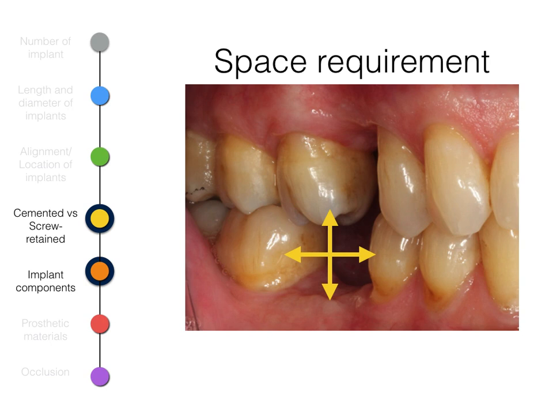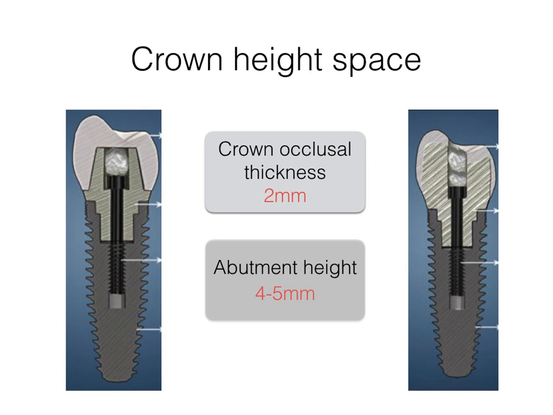In the previous slide, I said the cement-retained single restorations will need more space than the screw-retained restorations. So let's look into the detail of how much space will be needed. This is a picture showing you two different designs. On the left side is cement-retained.